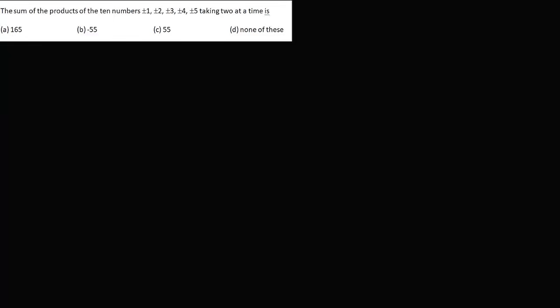Now the question is, the sum of products of 10 numbers taking 2 at a time. So we have these 10 numbers: 1 plus 2 plus 3 up to plus 5, and then minus 1 minus 2 up to minus 5, and we'll take their whole square. Now it'll be 1 square plus 2 square plus 3 square up to 5 square, plus again 1 square, 2 square up to 5 square.